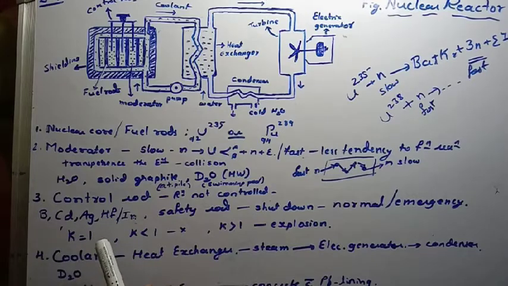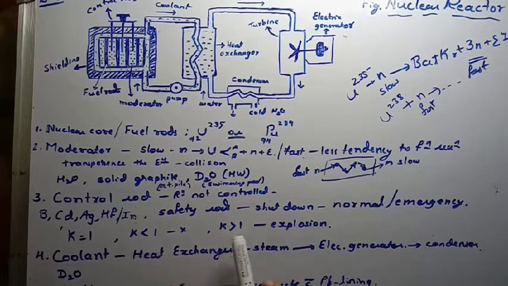So the job of control rods is to absorb extra neutrons, thereby reducing the number of neutrons, which leads to controlled nuclear reactions, where the multiplication factor K is equal to 1. So here it maintains K equal to 1.